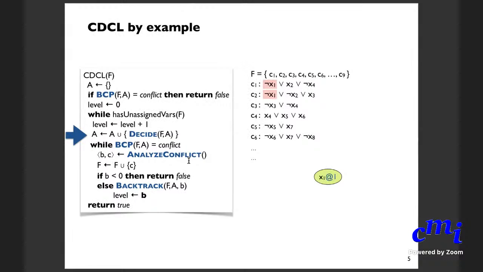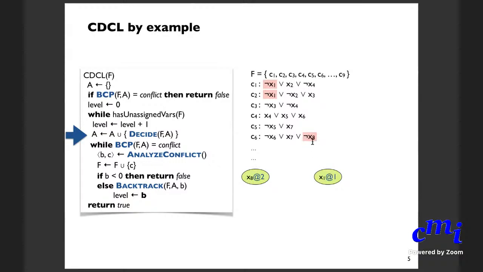Here it's the same example. So you first start making decisions. As we make decisions and invoke BCP, the state of the clauses changes.